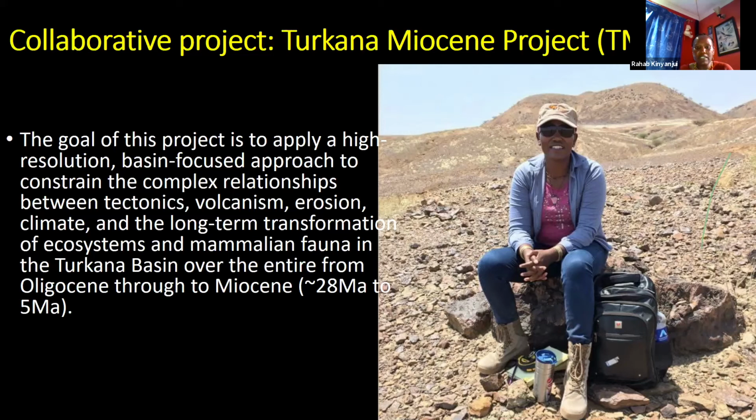So what happened? What kind of vegetation did they live in? What kind of tectonic processes happened around that time, and what was the impact of this on the life that was there at that time?